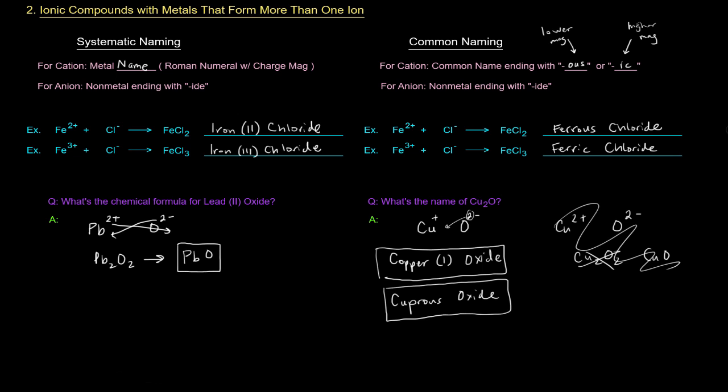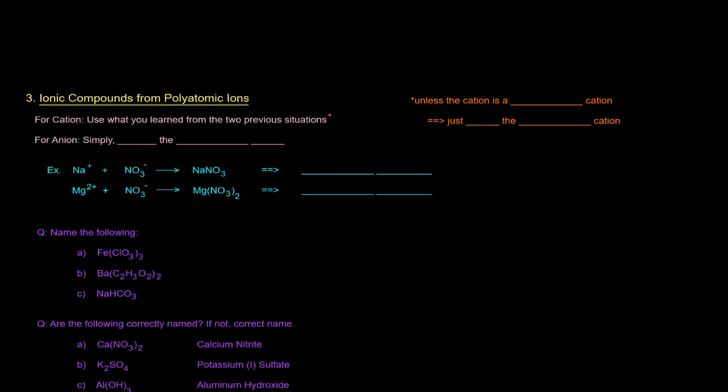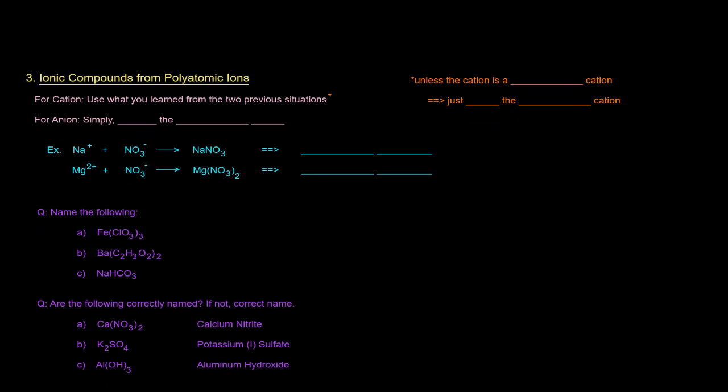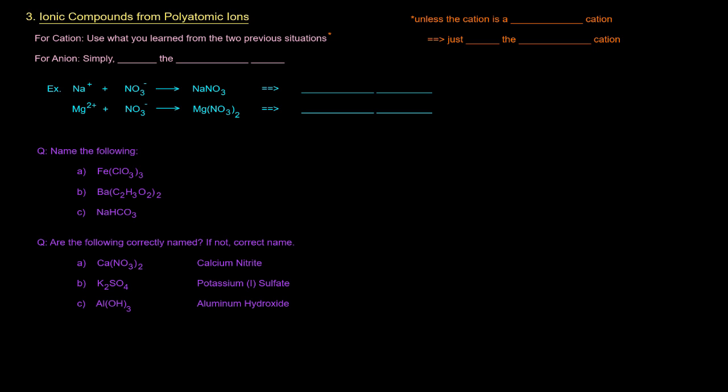All right, let's move on to ionic compounds that are coming from polyatomic ions, okay? So for the cation, you basically use what you've learned from the previous two situations. If it's a simple monatomic cation, you name it according to that. If it's a monatomic cation that can form more than one ion, then you use what you learned there.